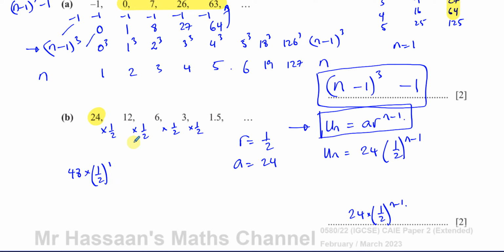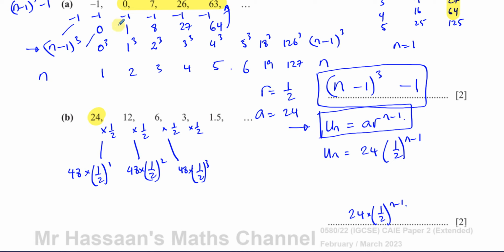And this term is going to be 48 times a half to the power of 2. You just increase the power by 1 each time as you go along. And this will be 48 times a half to the power of 3. The next one will be 48 times a half to the power of 4, and the fifth term will be 48 times a half to the power of 5.